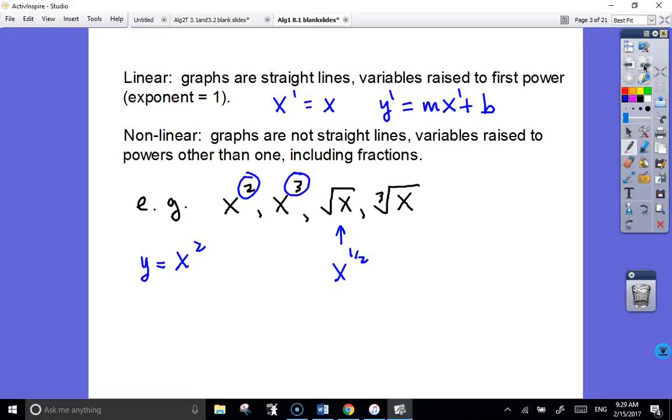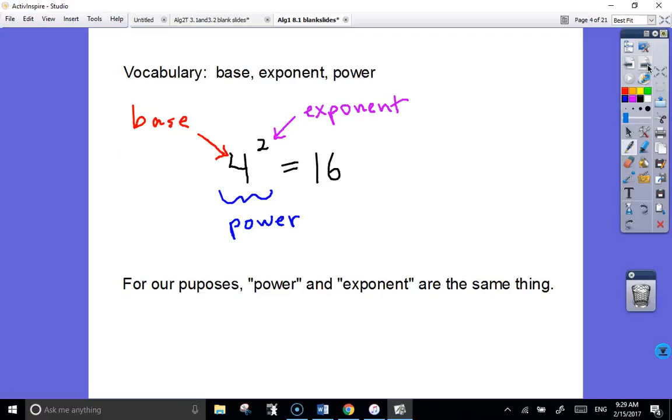Okay. So first, to review: 4 squared is 16, right? The 4 is called the base, the thing that's being raised to a power. The 2 is the exponent, and actually this whole thing, 4 squared, is called a power. A lot of times we use exponent and power interchangeably, and that's okay.